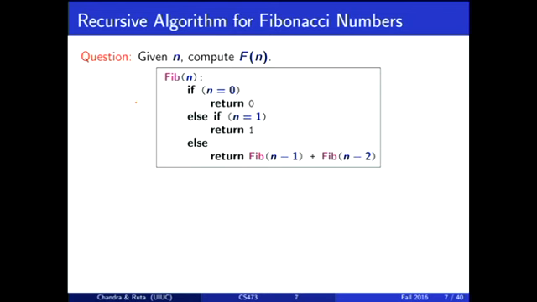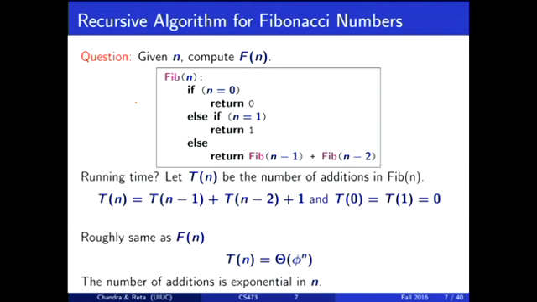Okay. So what happens if you do that? What is the running time of this algorithm? It is computing f(n). As you can see, you're following the definition. How long does it take? Let's say T(n) is the number of additions.